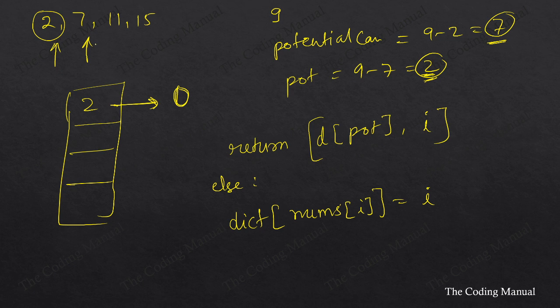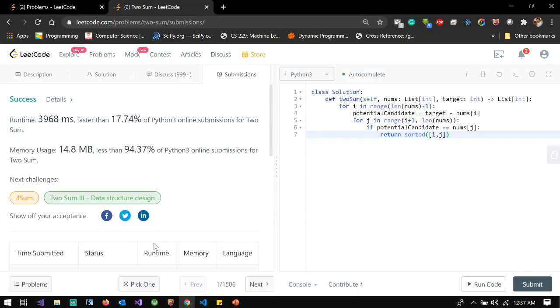If I have, suppose, 11, 2, 15, 7, this might make a little better sense. But anyway, let's see in the code how we can do that.